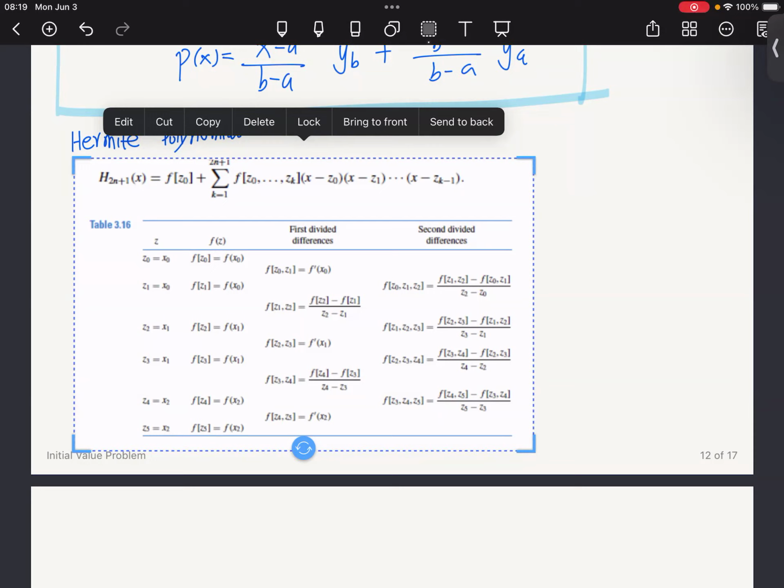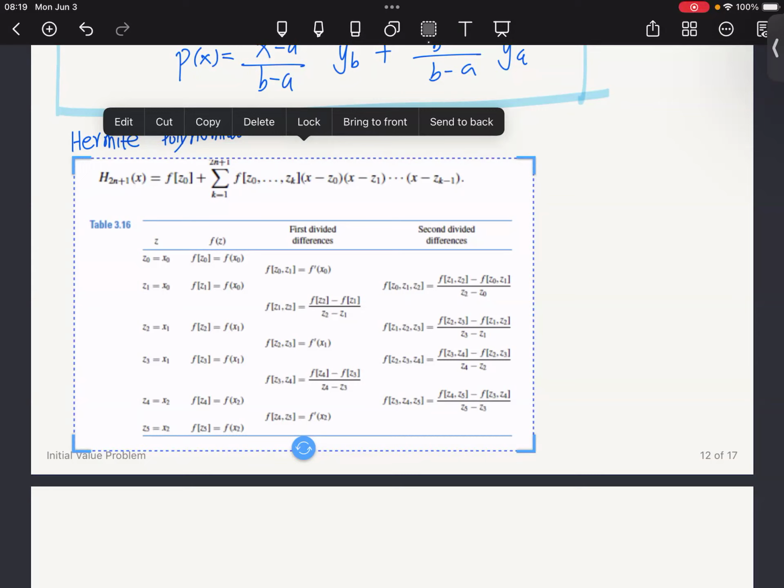And as you can see here, for the first entry in this column, we cannot do the divided difference because the denominator has the same value, so it becomes 0 and is not well defined. So this one should be the first derivative at this point. Then we continue like this and do the divided difference for the third column, the fourth column, and so on, and create the table.